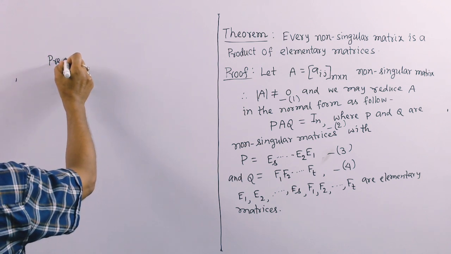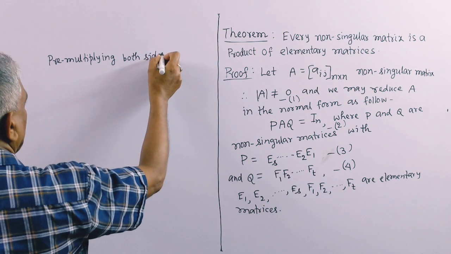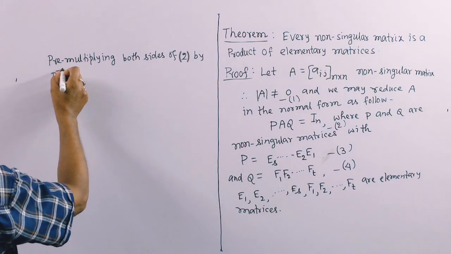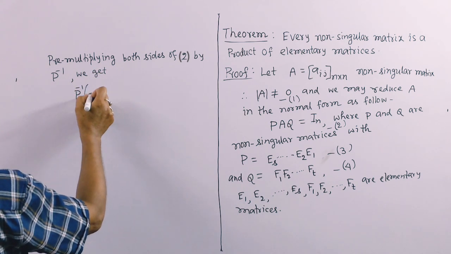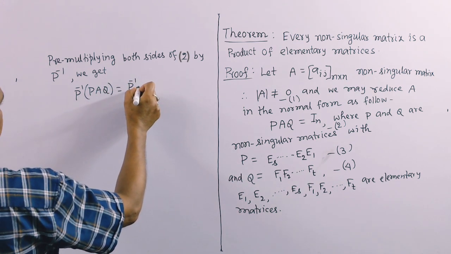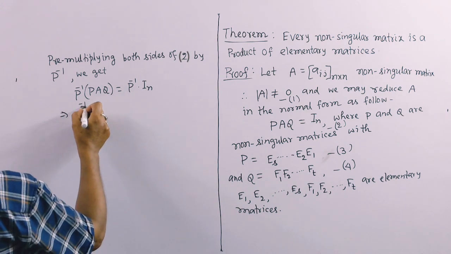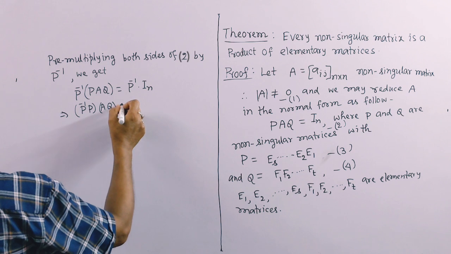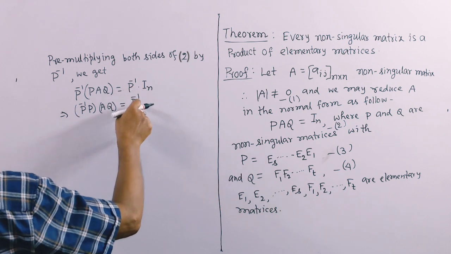Pre-multiplying both sides of 2 by P inverse, we get P inverse PAQ equal to P inverse multiplied by the unit matrix IN, which implies that P inverse P AQ, by the associative law, equals P inverse times the unit matrix, which is P inverse.